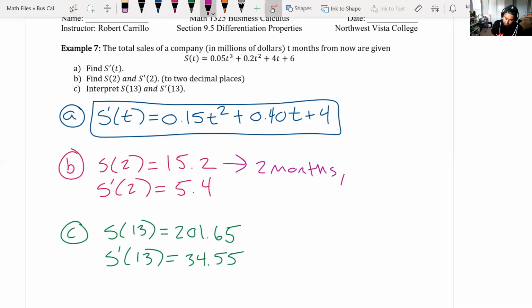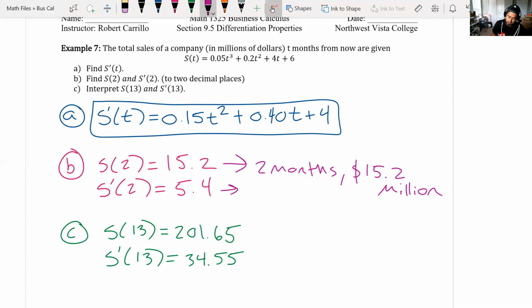But then what does the derivative mean? I know I didn't say interpret these two, but why not interpret them if we're going to interpret C as well? This will help us interpret C.